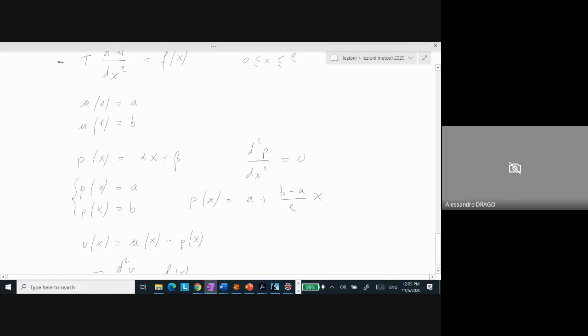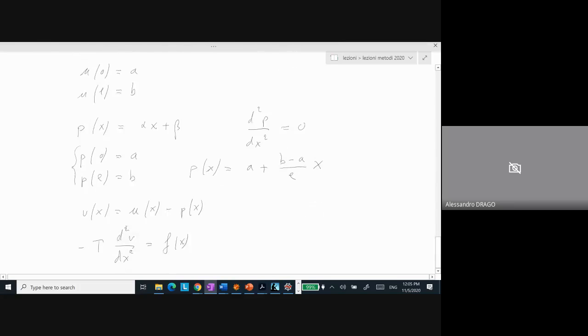So it's the same equation as the equation of u, but this time, which are the conditions I have to impose on v of x? Well, u of 0 has to be a, but we already know that p of 0 is a, so v of 0 is equal to 0, and similarly, v of L is equal to 0.